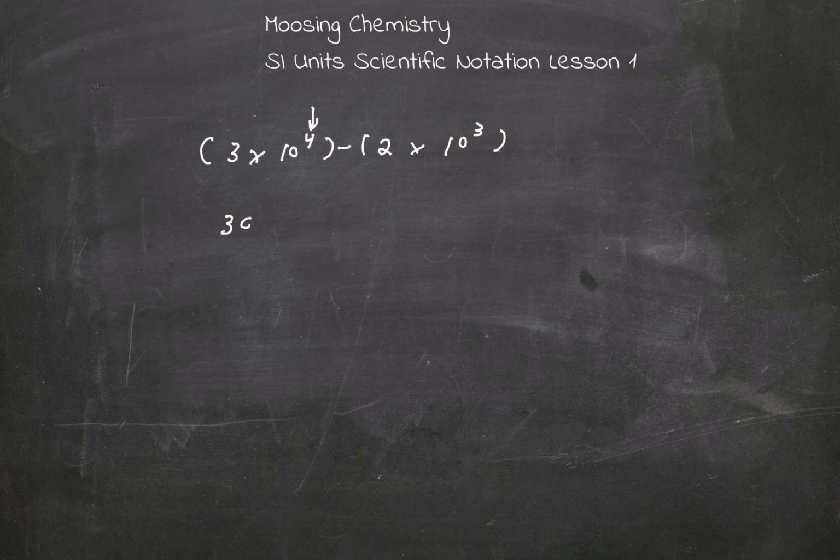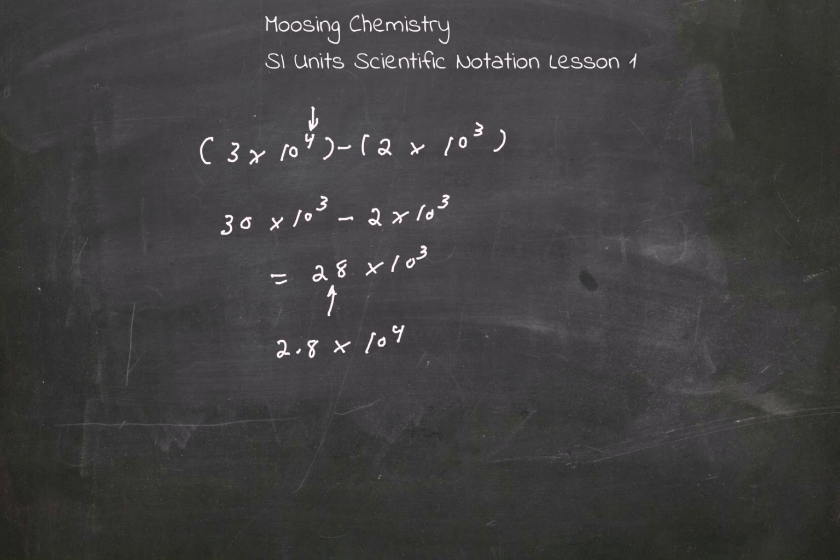Doing that, we're going to make this 30 times 10 to the third minus 2 times 10 to the third. Now these exponents are all the same, so this will equal 28 times 10 to the third. But remember, we need a decimal between these two numbers. So we're going to make this 2.8 times 10 to the fourth.